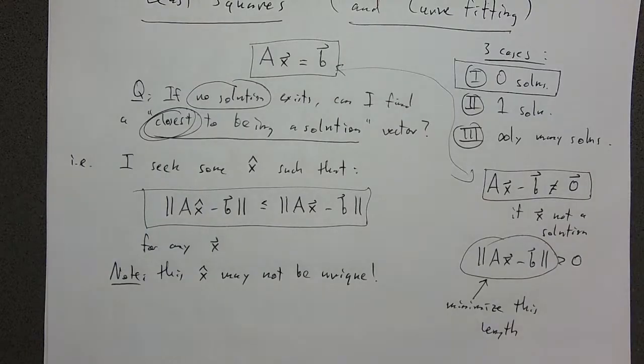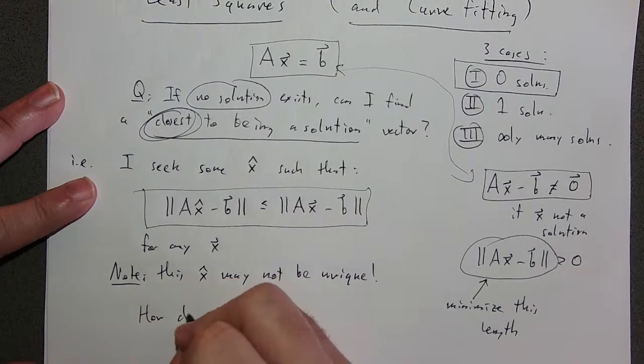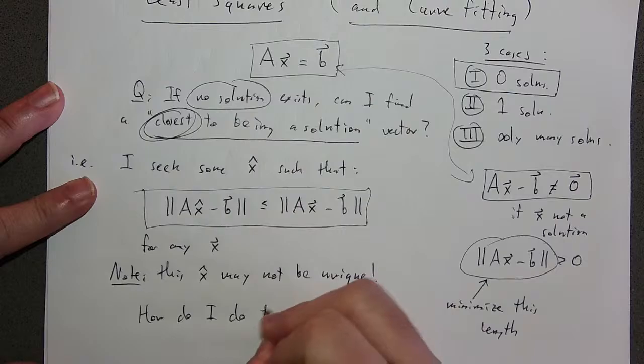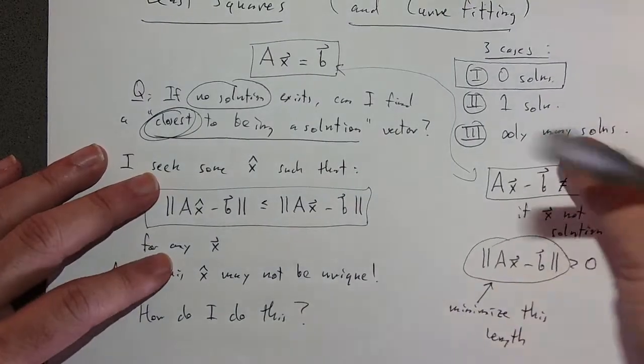All right, so how do I do this? It might not be apparent at first. And this is where knowing the conceptual picture actually makes going after the solution a lot simpler in a lot of ways.